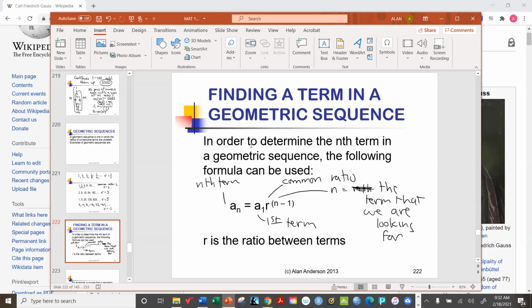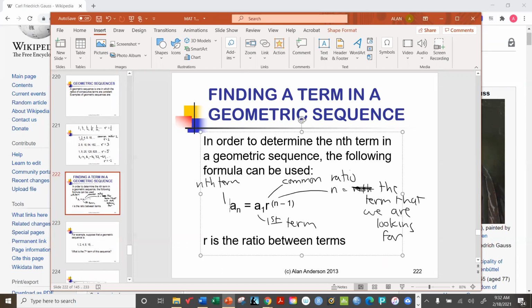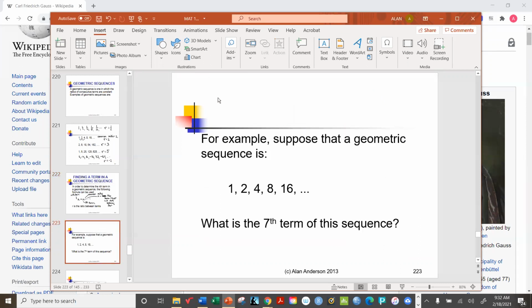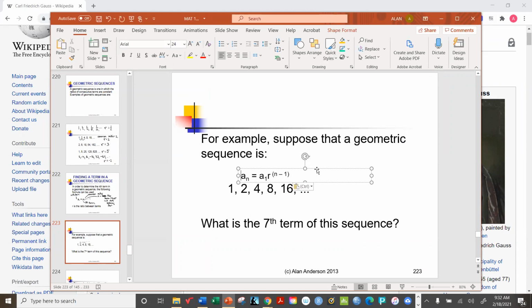All right, so let's see how this works out. So I'll put this up here somewhere just to keep an eye on it. So in this case, here's our geometric sequence.